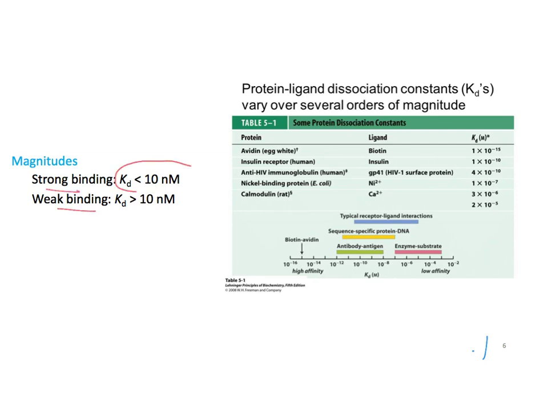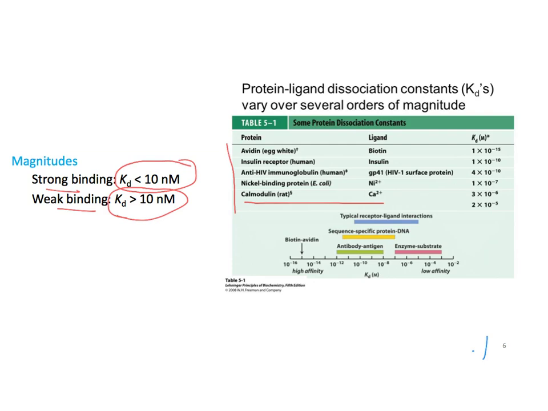So if the KD is less than 10 nanomolar, that's a relatively strong interaction between that protein and that ligand. If the KD is greater than 10 nanomolar, then it's considered weak binding. So if you look over here, you can see that the weakest binding is between calmodulin and calcium 2+.